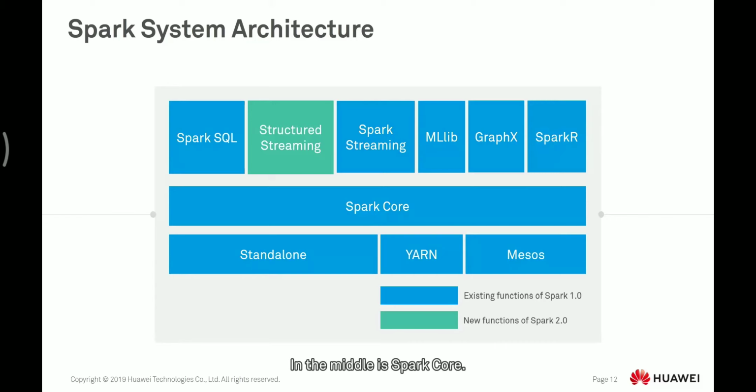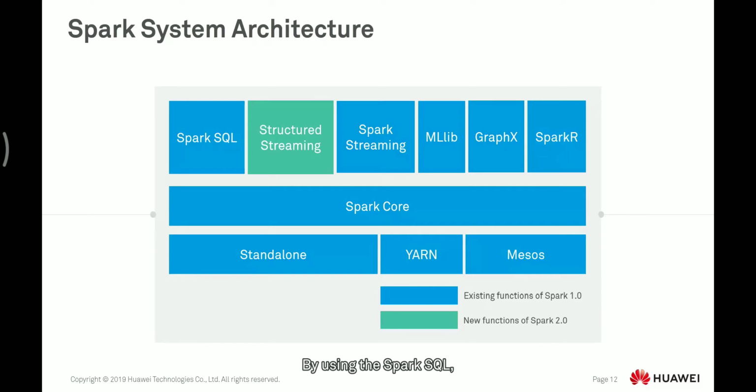In the middle is Spark Core. It's a distributed computing framework similar to MapReduce. The intermediate computation result is directly stored in memory, which improves the computation performance. On top are some functional modules. Spark SQL is a Spark component mainly for processing structured data and conducting SQL-like queries on data.